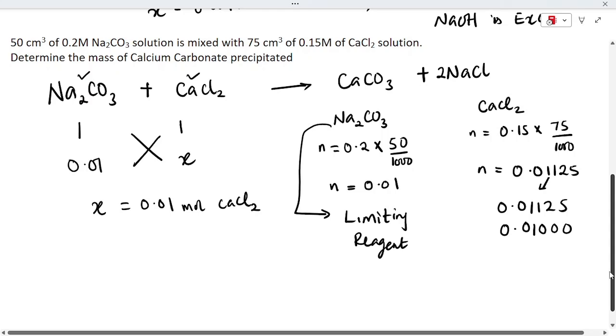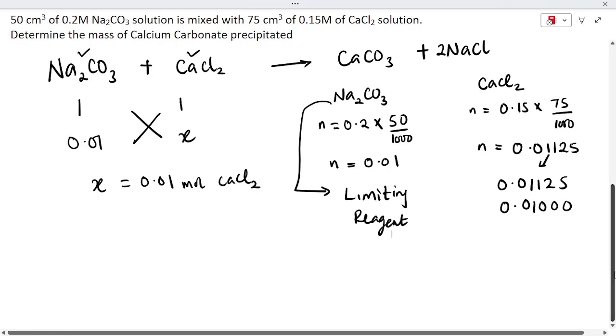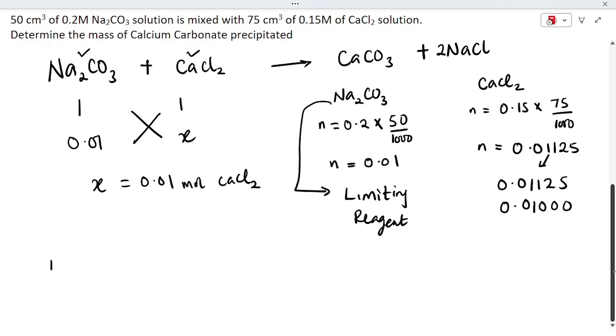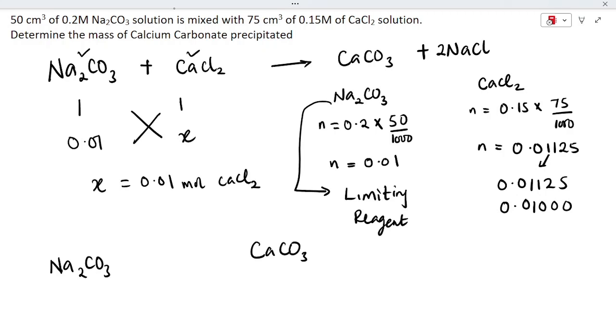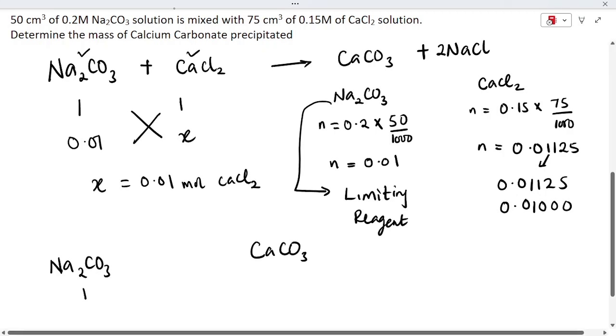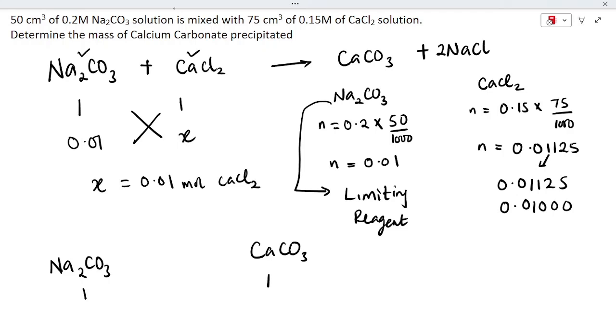And we have that. So what do we do next? We now remember the limiting reagent determines the amount of products. That simply means that in this case, sodium carbonate, our limiting reagent, will determine how much calcium carbonate is produced. Again, the mole ratio is 1 to 1. And then how many moles of sodium carbonate was used up or was given because it's limiting.